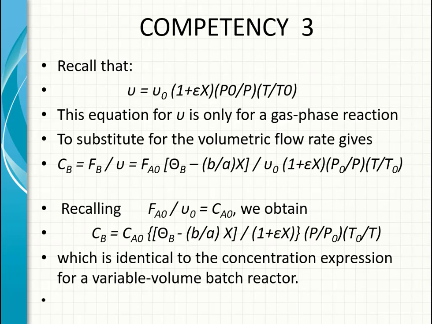So recalling that FA0 divided by v0 is equal to CA0, we will obtain that CB is equal to CA0 times theta B minus b divided by a times X, divided by 1 plus epsilon X times P divided by P0 times T0 divided by T. These expressions get simpler when we take into account that a lot of reactions are at constant pressure and temperature.